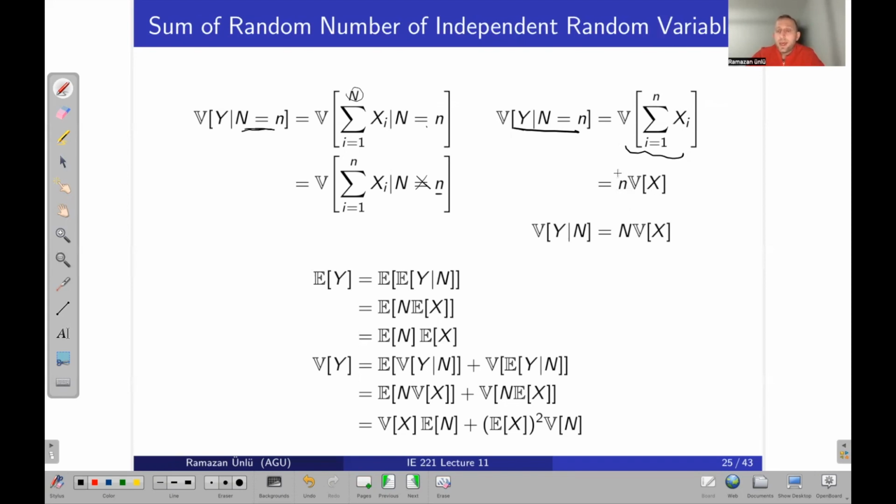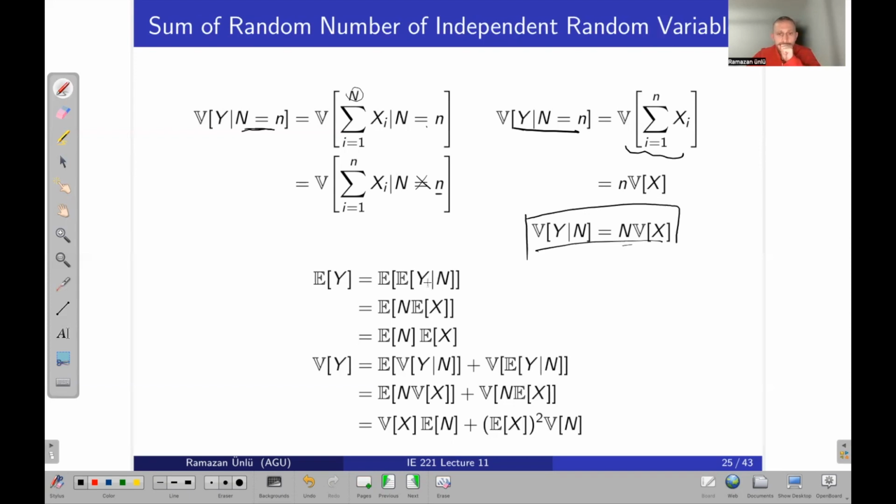If n is 2, the variance will be 2 times the variance of X. If it is 3, the conditional variance of Y will be 3 times the variance of X. If it is capital N for the generic case, it will be capital N times the variance of X. So that is the general equality.